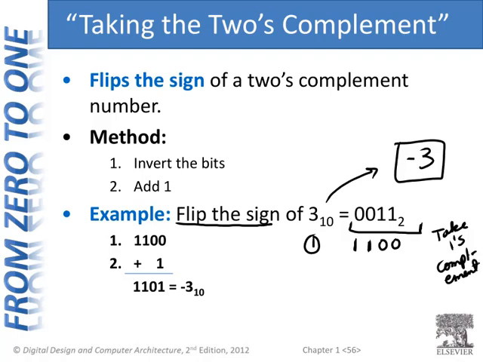Step 2 is to add 1. 1 plus 0 is 1, 0, 1, 1. So 1101 is the 2's complement representation of minus 3. So again, taking the 2's complement is a process of flipping the sign of a 2's complement number.